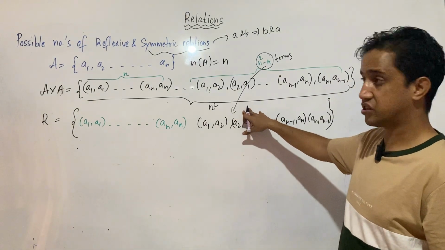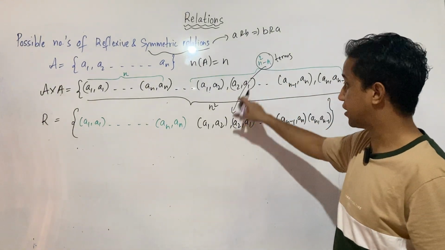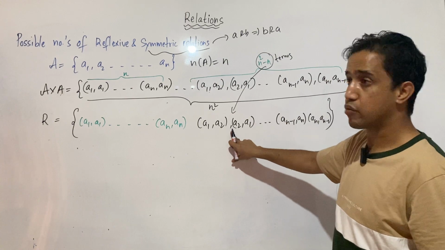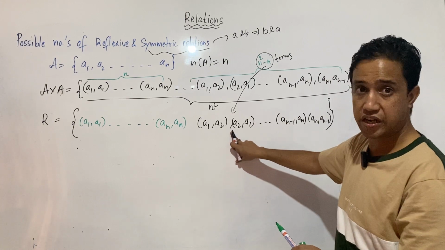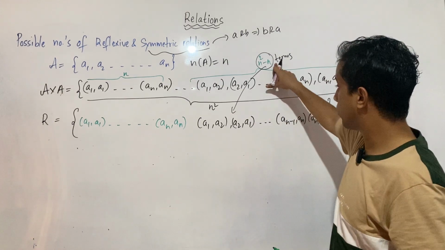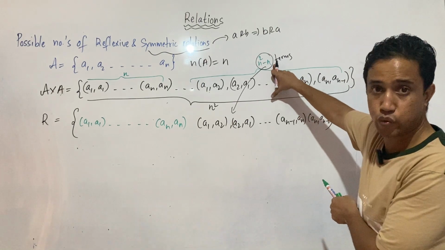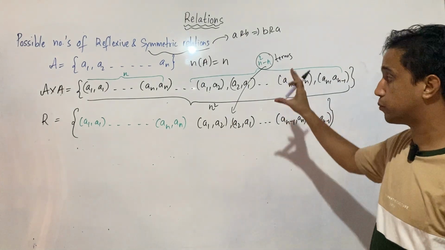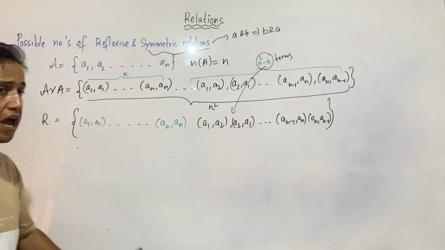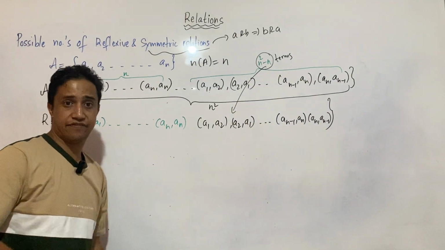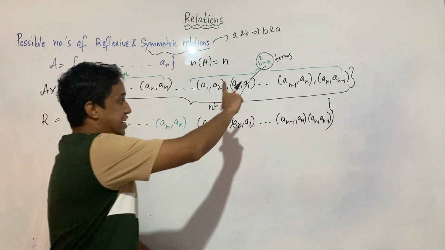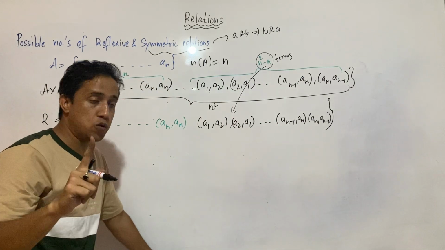They have two options. Either they can come here, and if they come here, then this relation is going to be symmetric. If they prefer to opt out, then again this relation is going to be symmetric. So the total possible number of combinations is that for each pair we have two possibilities.